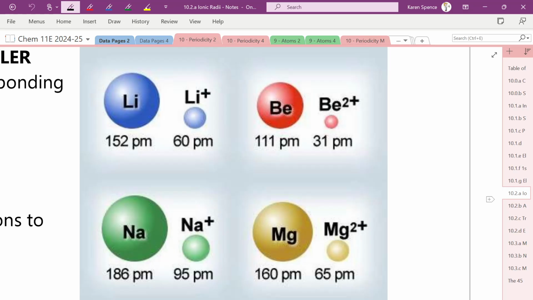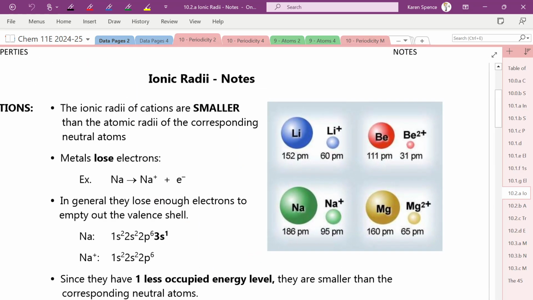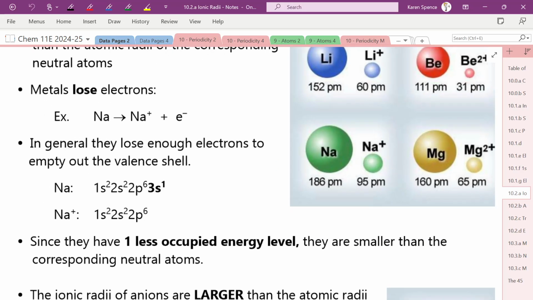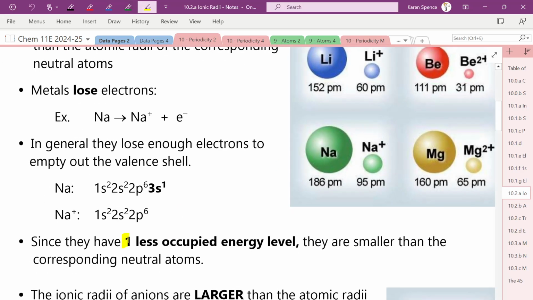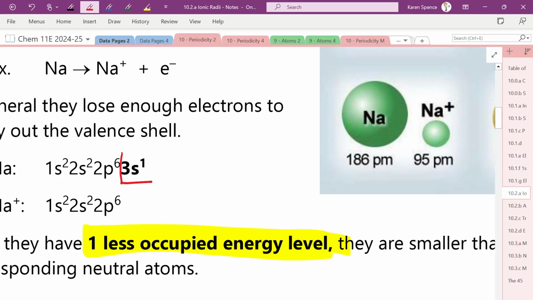So the cations have one less occupied shell than the neutral atoms. One less occupied energy level, right? We get rid of the 3s. And now we only have the 2s, and that's why they're all smaller. Is that good?